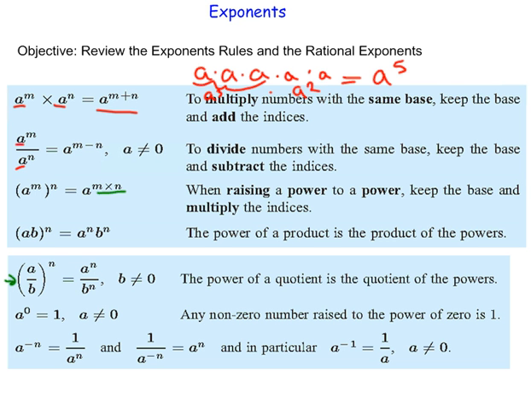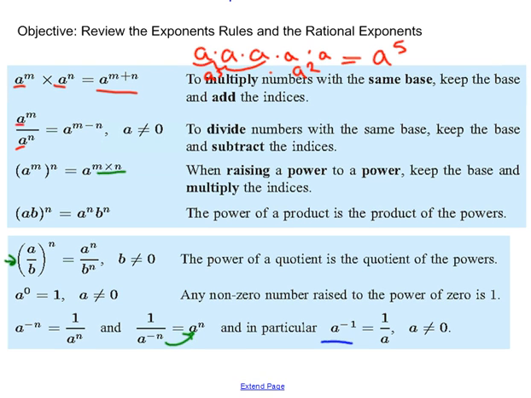And if we have 1 over a to the negative 1, so if it's already in the denominator, it moves to the numerator, and again, the power becomes positive. So a special one that you should really be familiar with is that a to the negative 1 just means 1 over a, as long as, again, a doesn't equal 0. I think that's it for those.